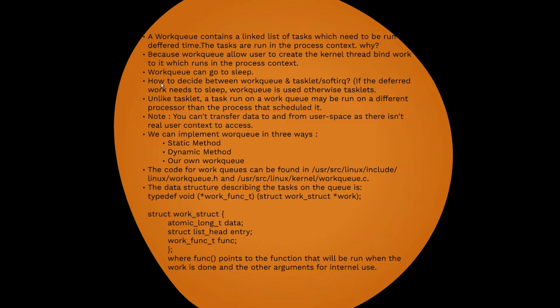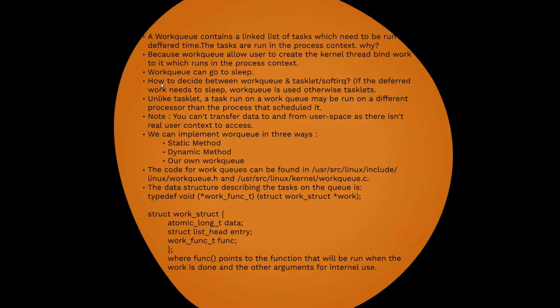Now we can implement a work queue in three ways: static method, dynamic method, and our own work queue. The code for work queue can be found in /usr/src/linux/include/linux/workqueue.h and workqueue.c.